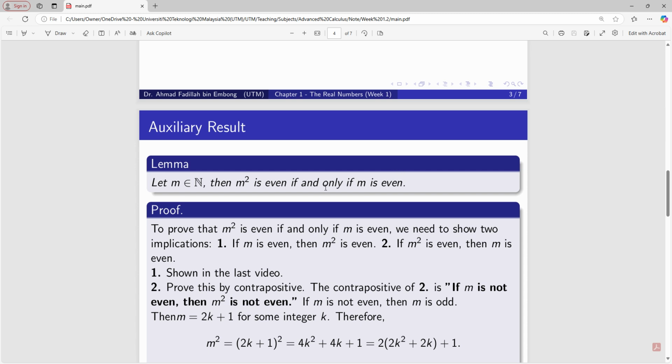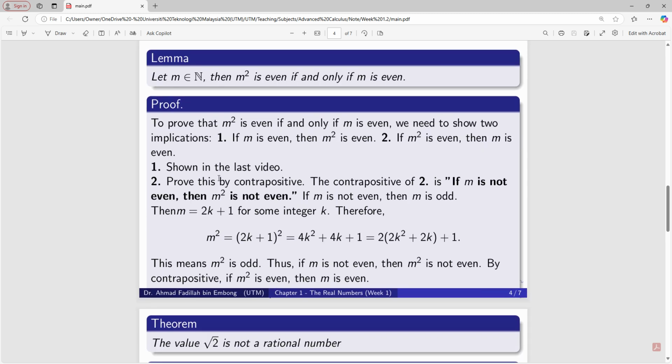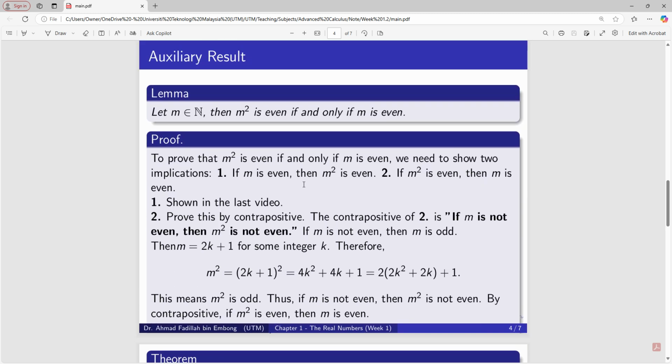In this lemma, we have two things. The first statement is that if m is even, then m squared is also even. The second statement is that if m squared is even, then m is even.